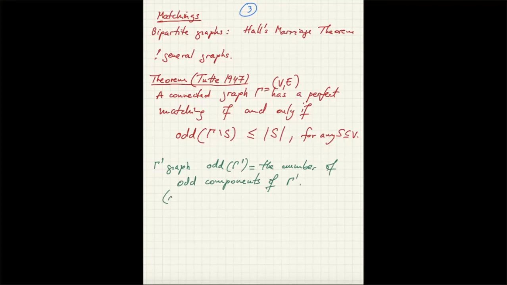Now an odd component is just a component with an odd number of vertices. So if I have, for example, if my graph is this one, then odd here is 0. This graph is one component, a graph on 4 vertices, so there are no odd components.